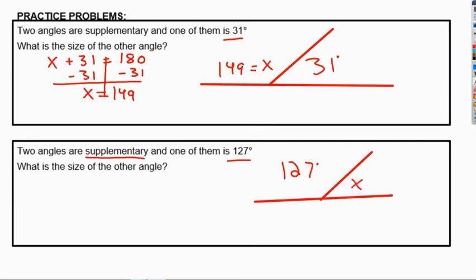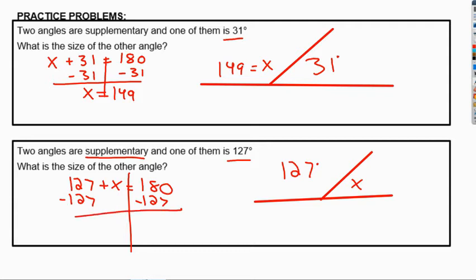What's the other one? So once again, remember, these two angles together add up to 180. So I'm just going to write one angle, which is 127, and add it to the other angle, x, and I know together they make 180. And then once again, all I'm going to do is solve the problem. Really, all I'm doing is doing 180 minus 127.